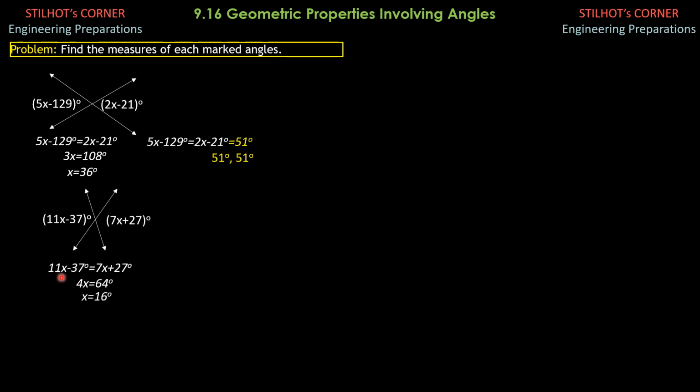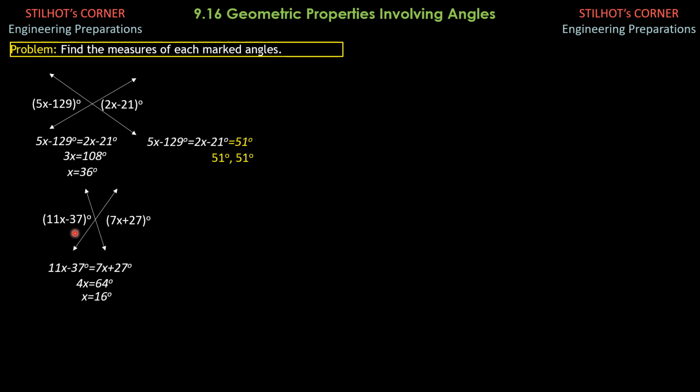So 11 times 16 is 176 degrees, minus 37 degrees is 139 degrees. 7 times 16 is 112 degrees, plus 27 degrees is 139 degrees.